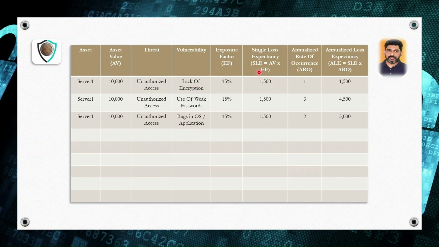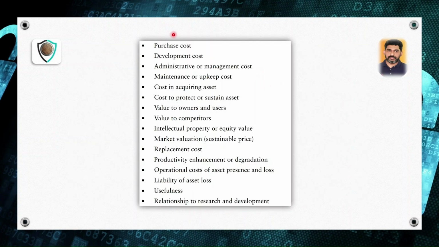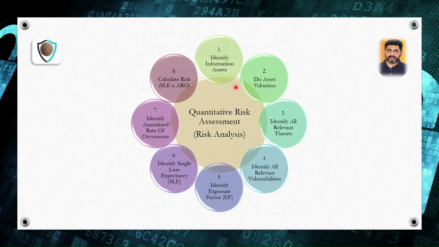So when you value your asset, there are many considerations that you take, and some of the essential considerations that you take when you evaluate an asset is given here. So essentially, it is a measure of how important that asset is to the organization.